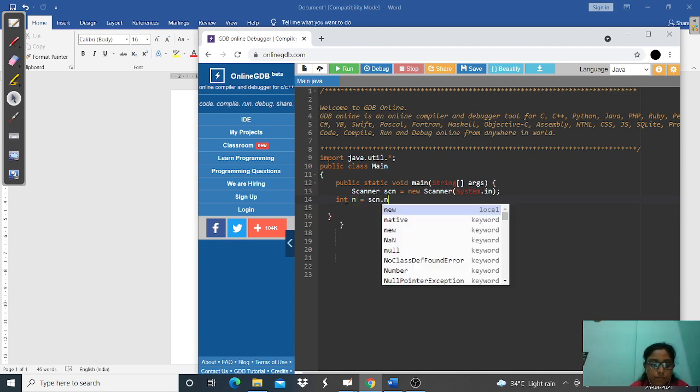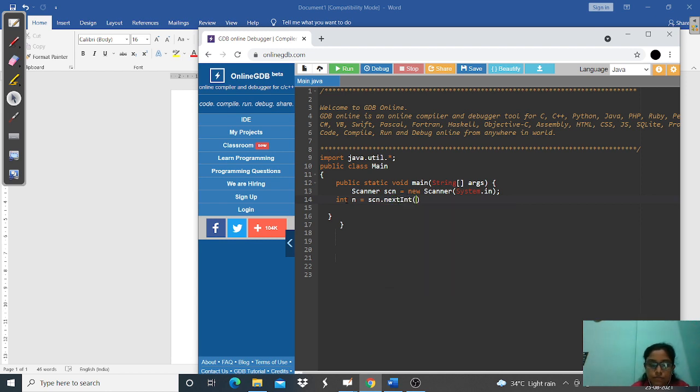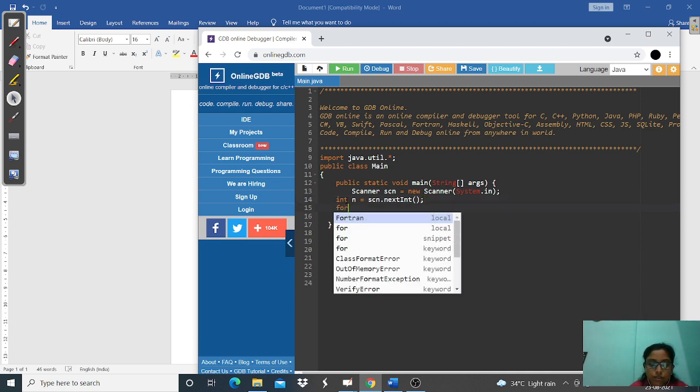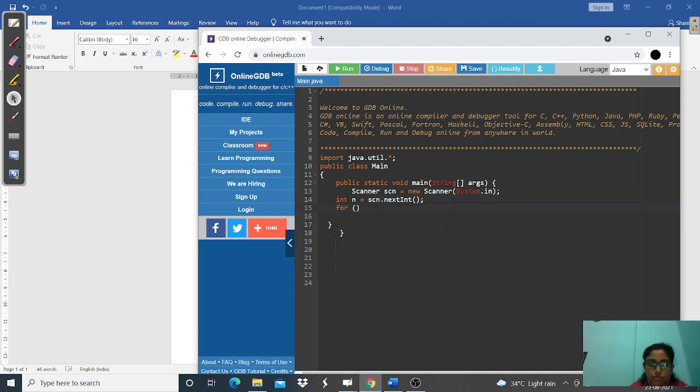Now this is our pattern. Next, now start a for loop.